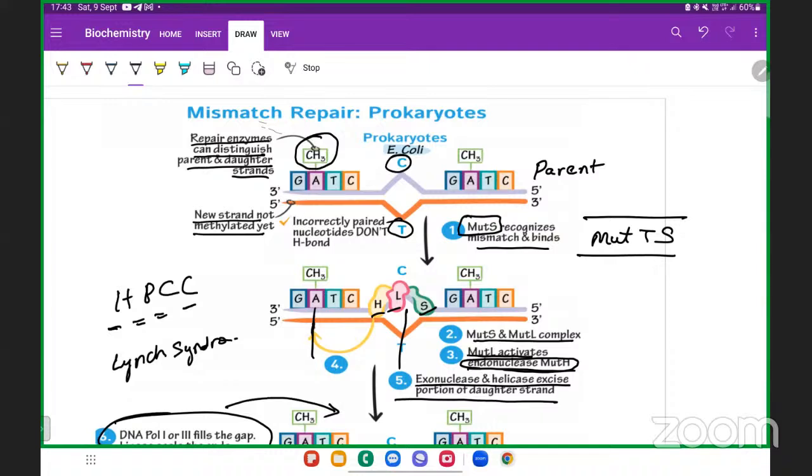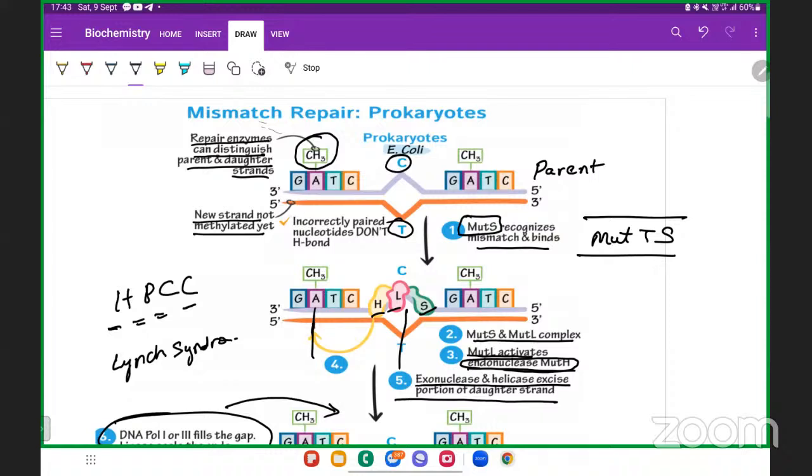So you are going to replicate a new DNA, and on the new DNA strand there is no methylation. If there is no methylation, you cannot continue your DNA replication, isn't it? That new DNA is not useful. So what you need to do is break that particular area and then replace it. That is your mismatch DNA repair.